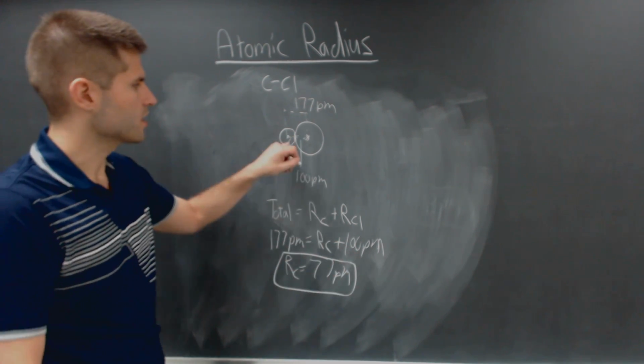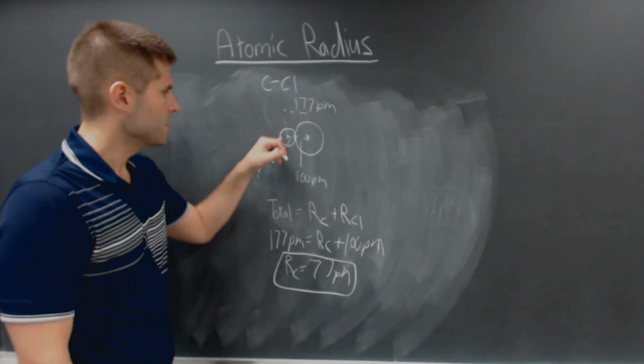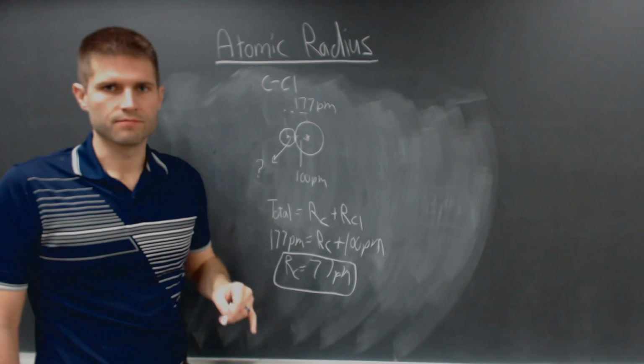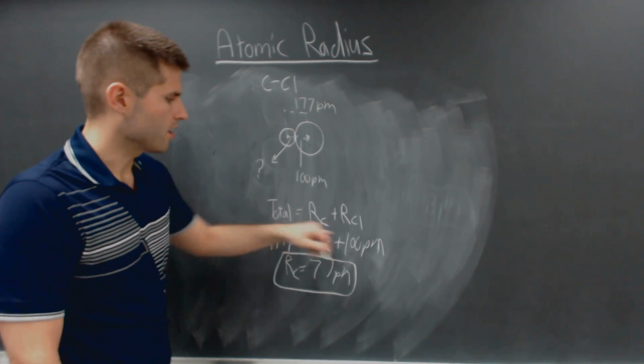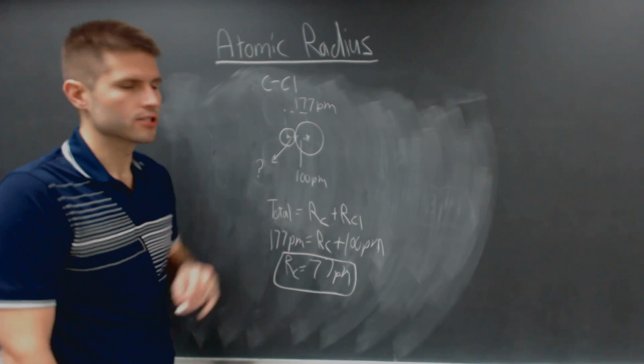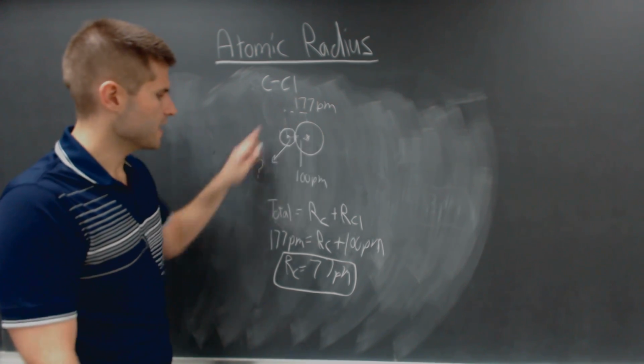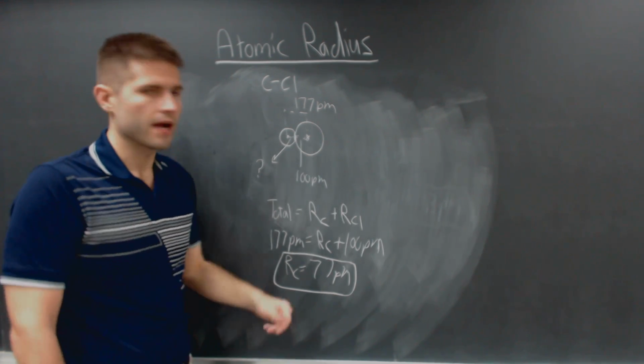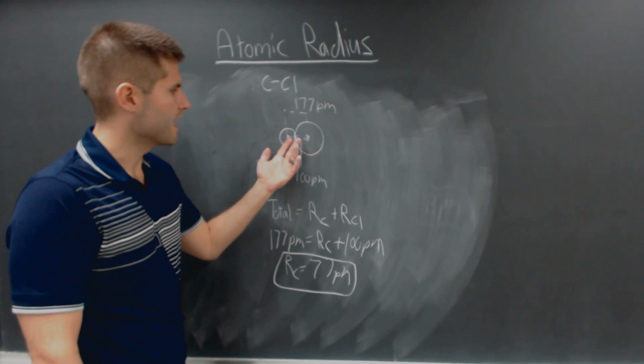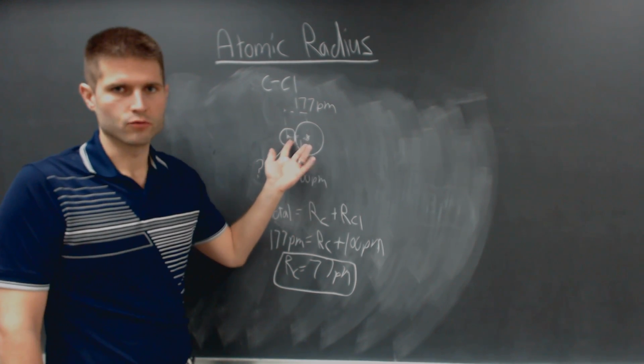And this is how we can determine what the atomic radius is for a given interaction. If we know one of them, we can solve for the unknown. So this is how we found a lot of the atomic radii on the periodic table, a lot of the radii in covalently bonded systems as well.